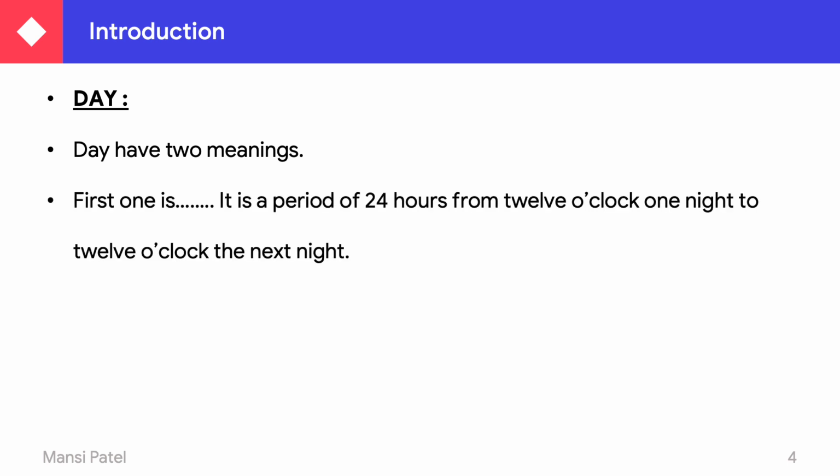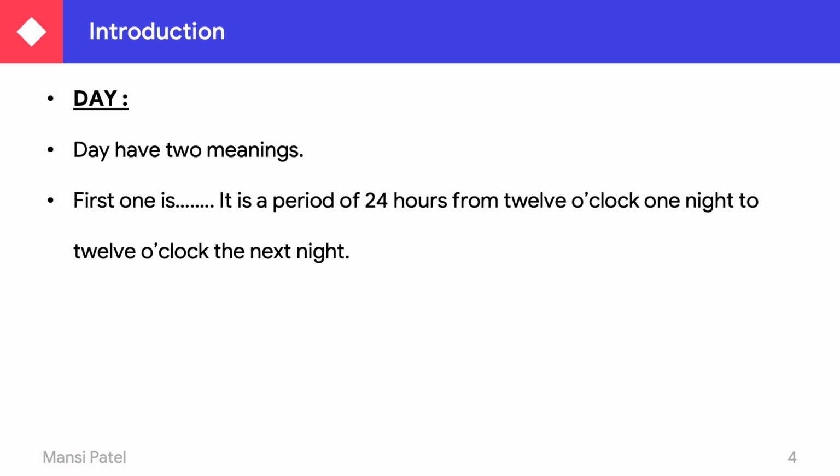Now let us see some terms regarding time. First, day. What is the meaning of day? Day has two meanings. The first one is a period of 24 hours. As we know already, in one day there are 24 hours.